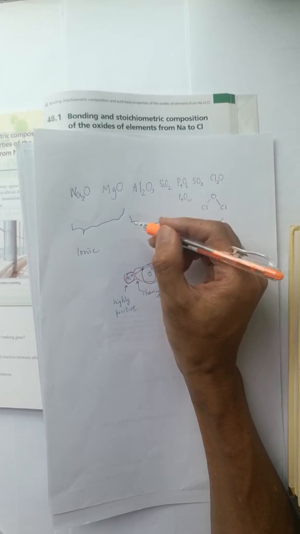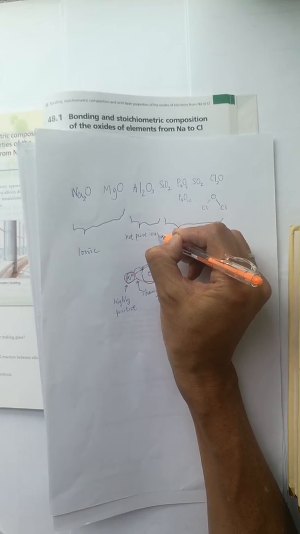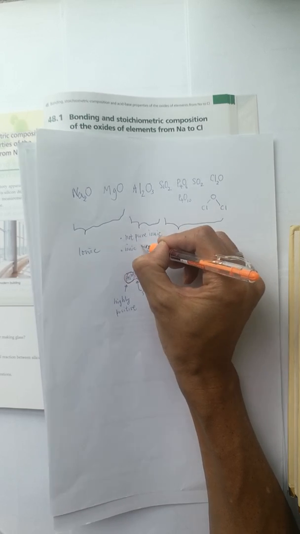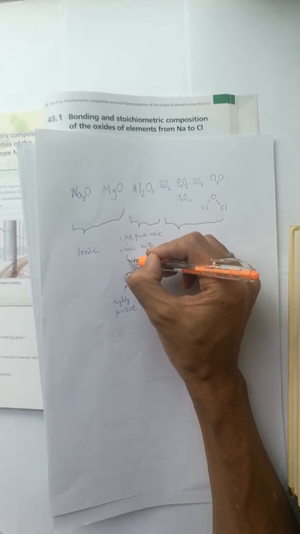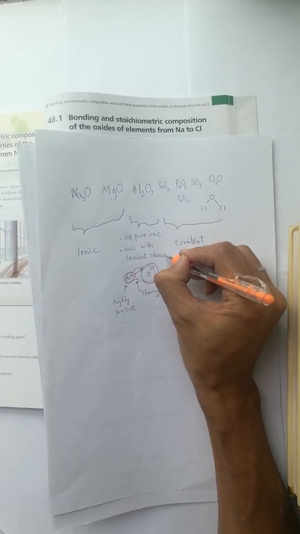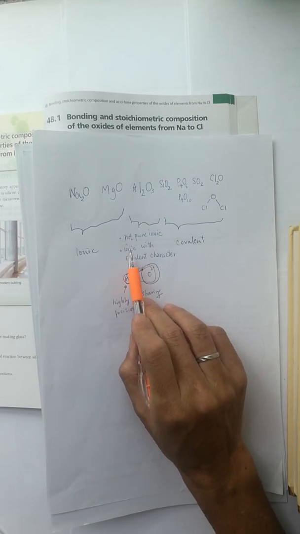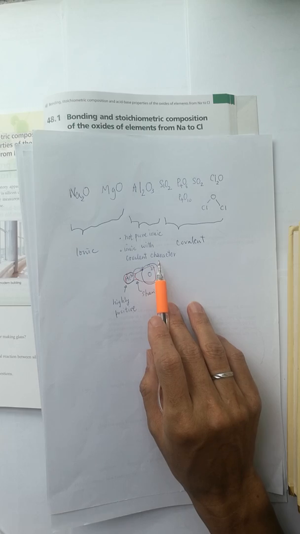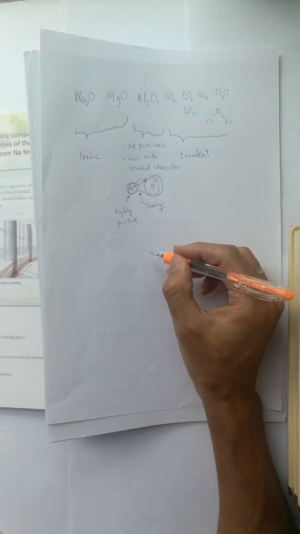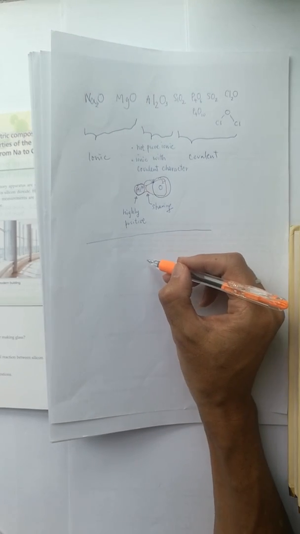You can say it is not pure ionic, and it is ionic with covalent character. So ionic bond with some covalent feature. We have a polar covalent bond.